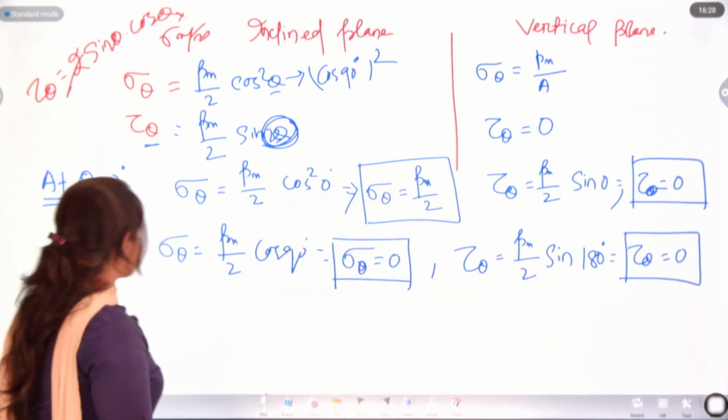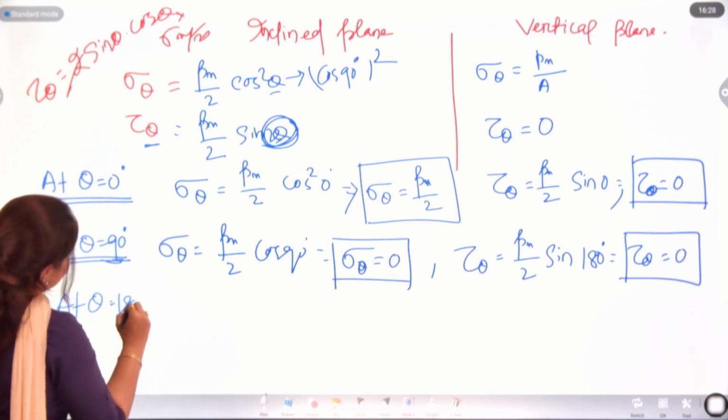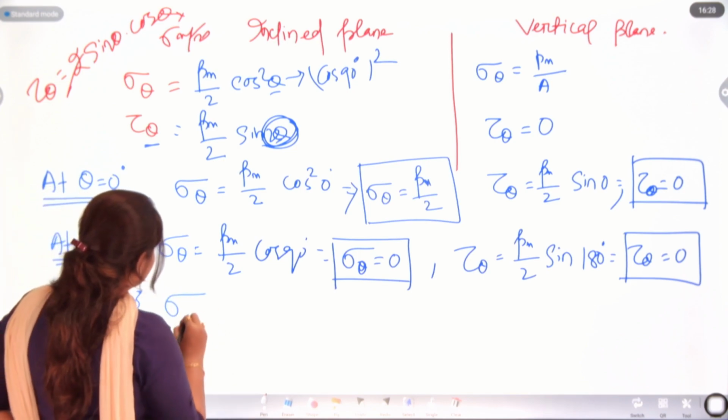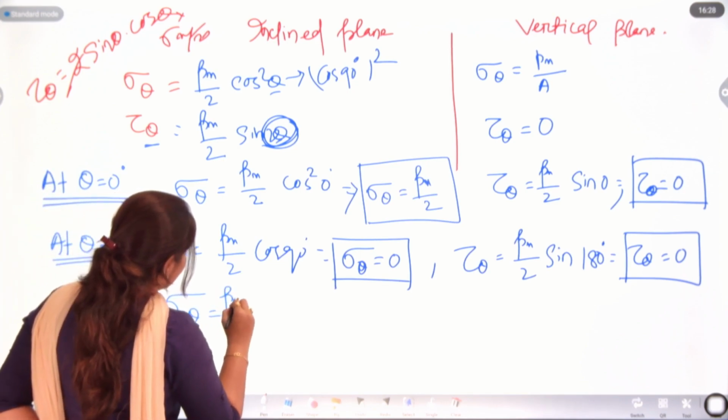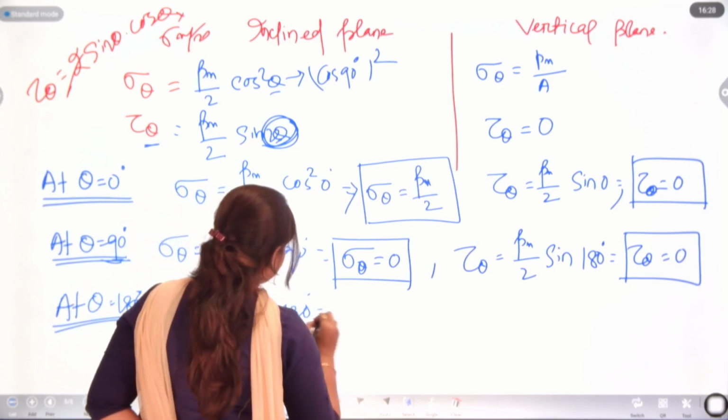Next, at theta equals 180 degree, we will have sigma theta equals Px by 2 cos square 180 degree.